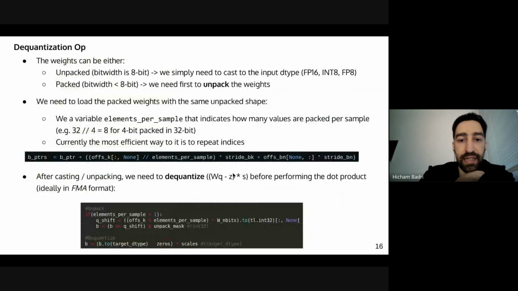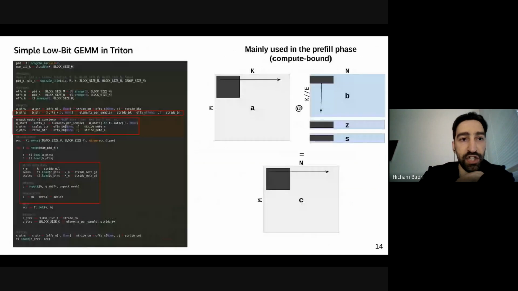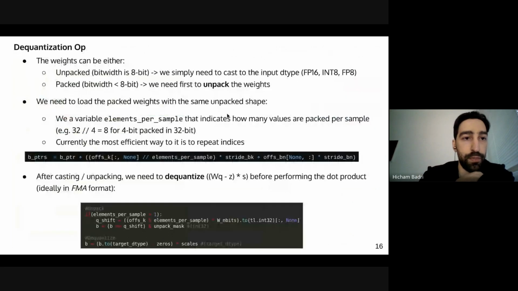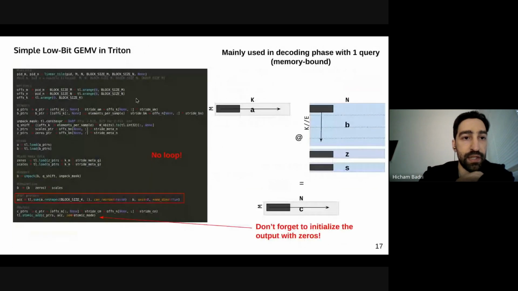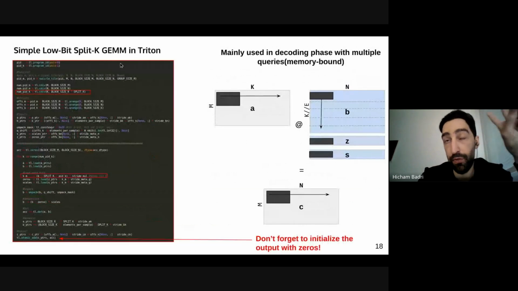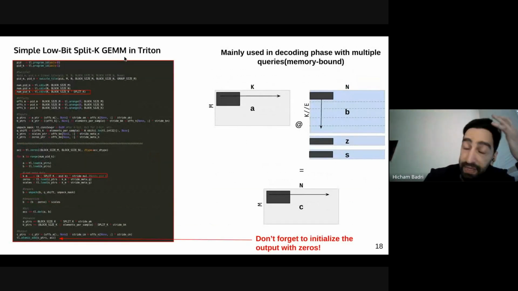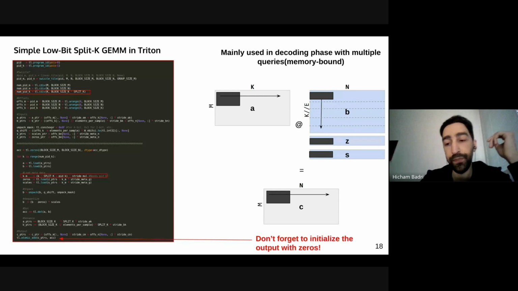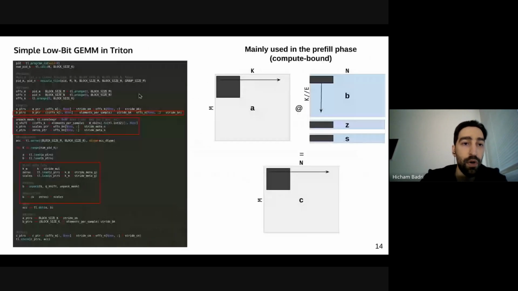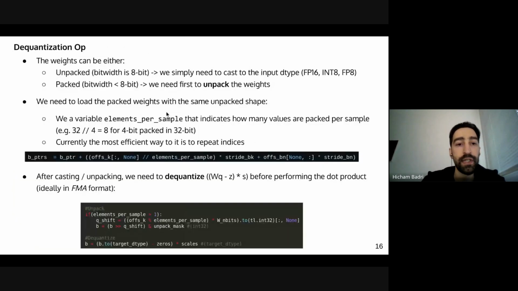Yeah. So at this point, we actually saw three algorithms: the low bit GMM, the low bit GMV, and the split K GMM. The reason why we need to do this is because each one of these algorithms is fast in certain situations. Typically we are going to use this GMM always for the pre-fill phase, because usually we have a lot of tokens.